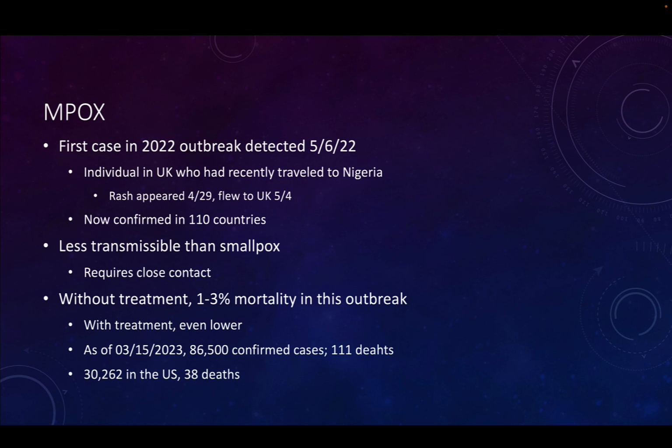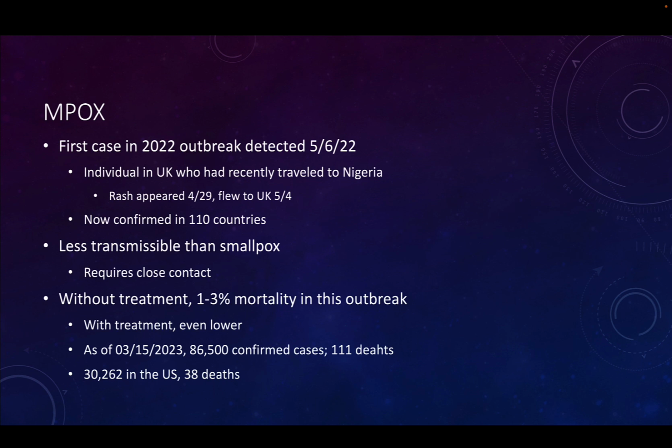Without any sort of treatment, the mortality rate during this outbreak has kind of hovered between 1% and 3%. With treatment, even lower. As of March 15th, 2023, those were the most recent data I could pull from the CDC. There were 86,500 confirmed cases total, with 111 deaths. So that's less than 1%.